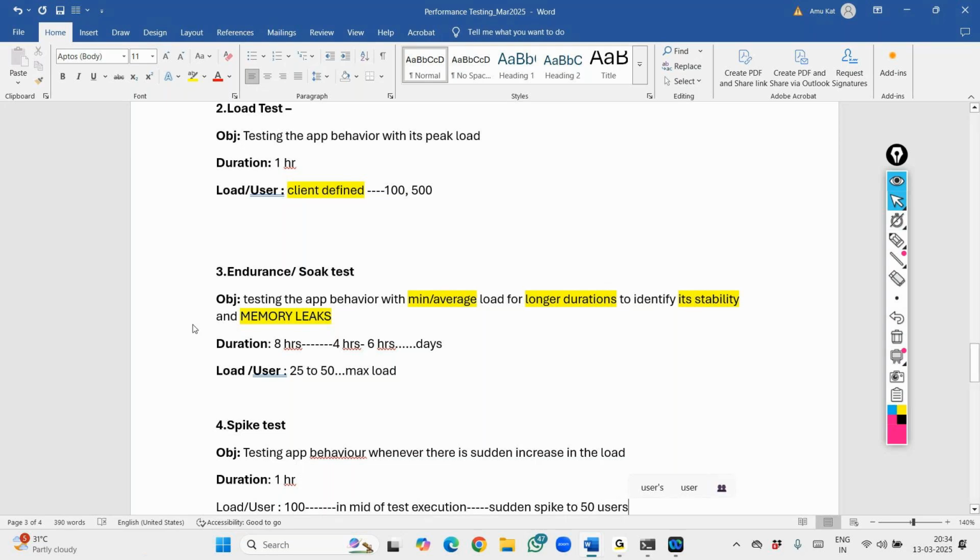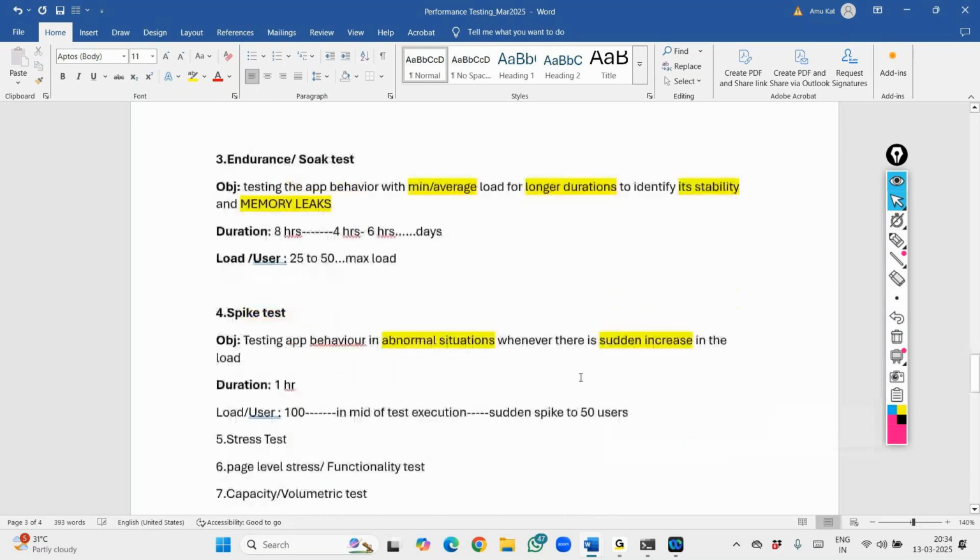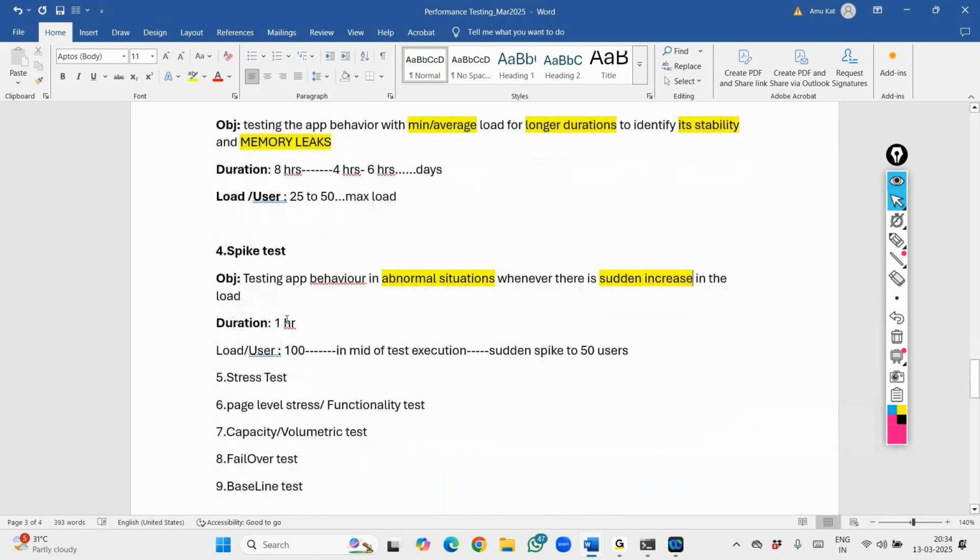So here we are testing the application behavior in abnormal situations. The abnormal situation is whenever there is a sudden spike, which is nothing but a sudden increase. That is the spike test.